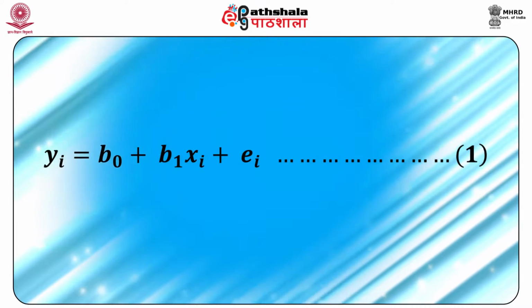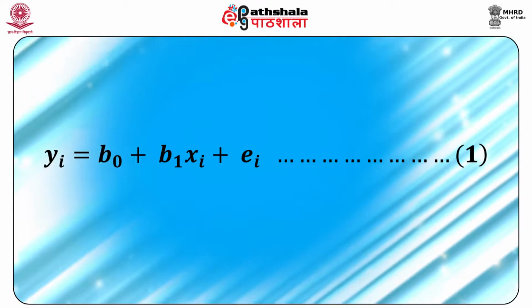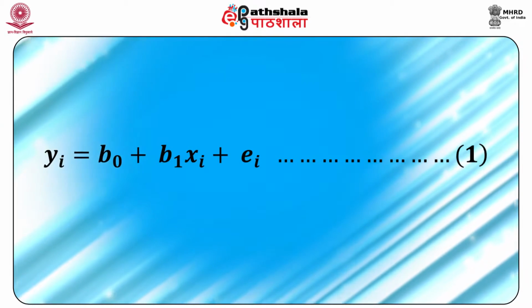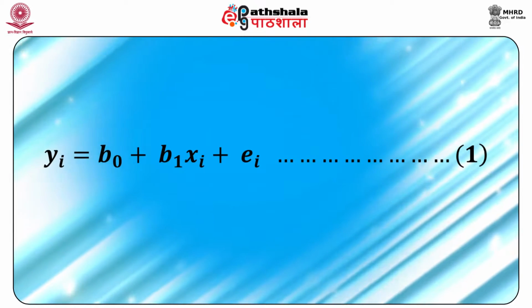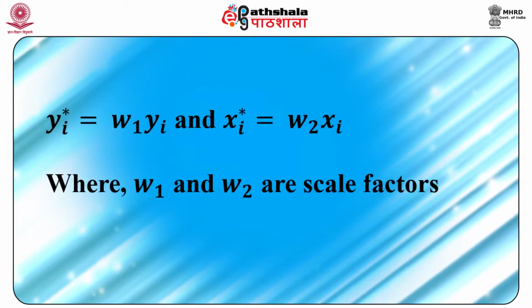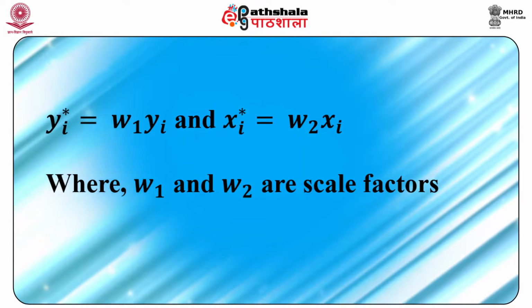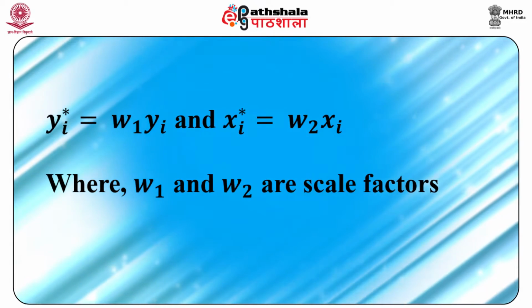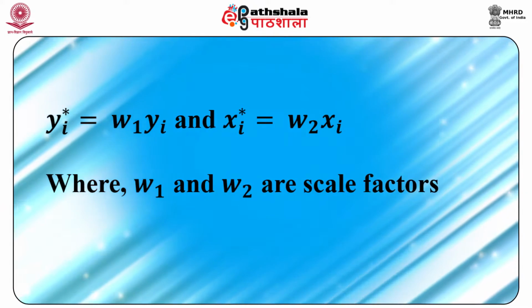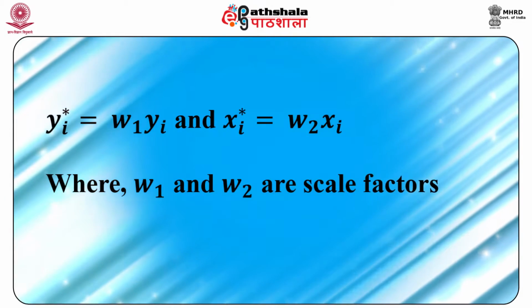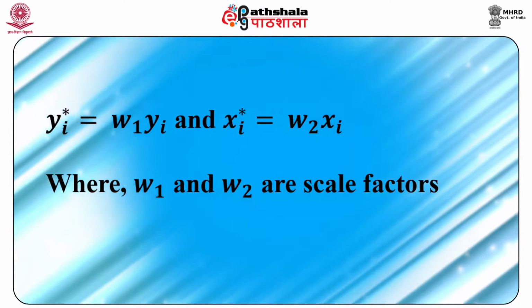So, again consider our regression model, which is yi is equal to b0 plus b1 xi plus ei, which is our sample regression function in a simple regression, which is with the intercept. Now, define yi star equal to w1 yi and xi star equal to w2 xi, where w1 and w2 are scale factors and they may or may not be equal.